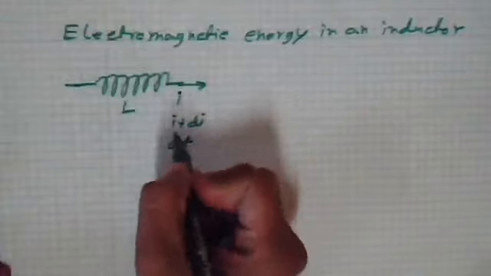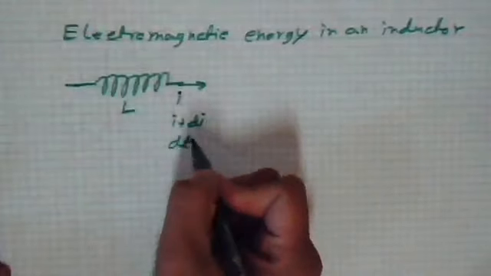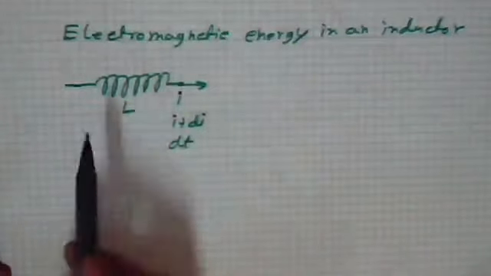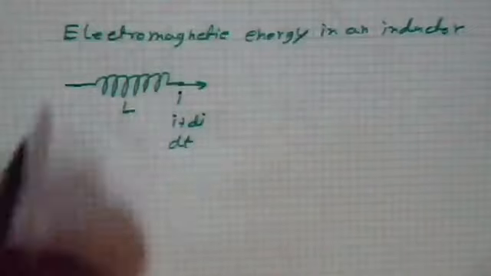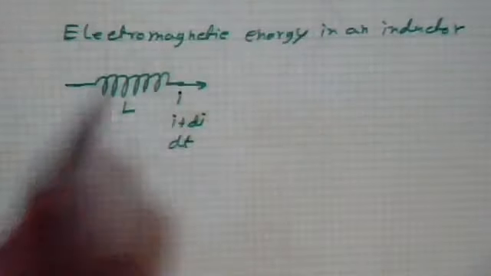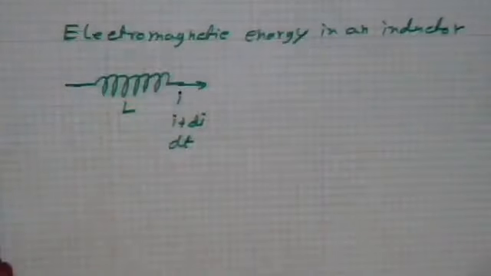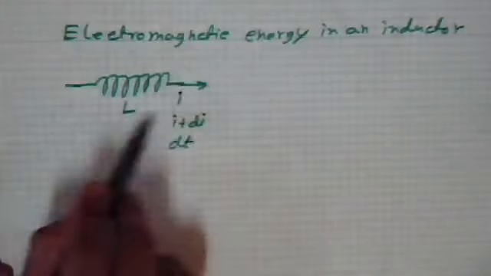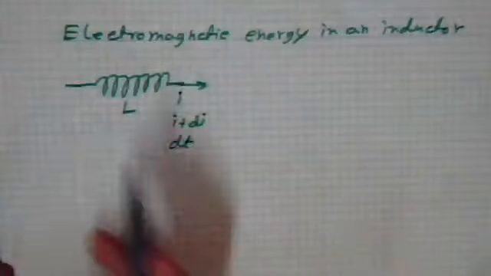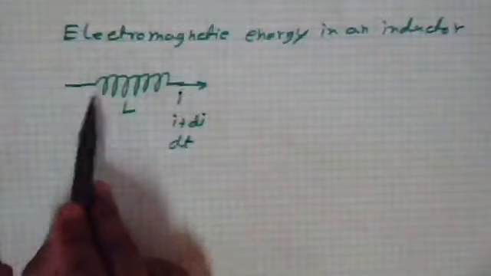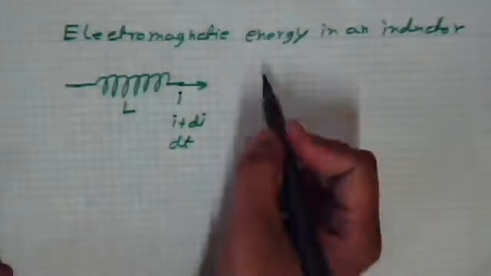Okay, so the current is increased by an amount of di in time dt, and if I want to do that, due to its inductance, an inductive voltage will be generated which will try to oppose the increase of current due to Lenz's law. Therefore I have to do some work to pass this extra current against this opposing voltage.